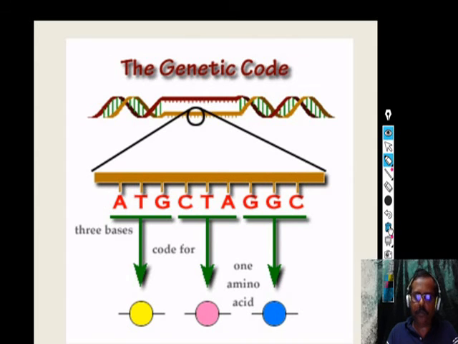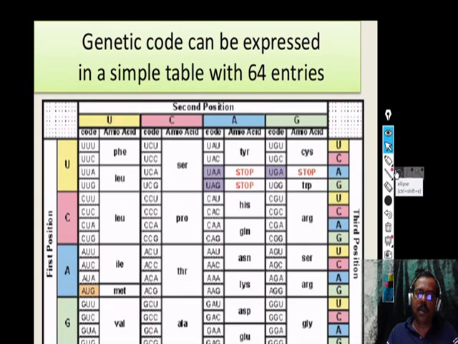Now, in our next slide we'll see the table for the genetic code, which represents 20 different amino acids.